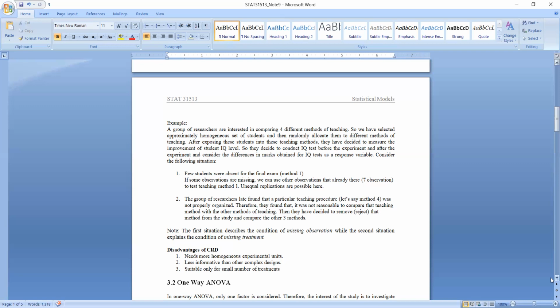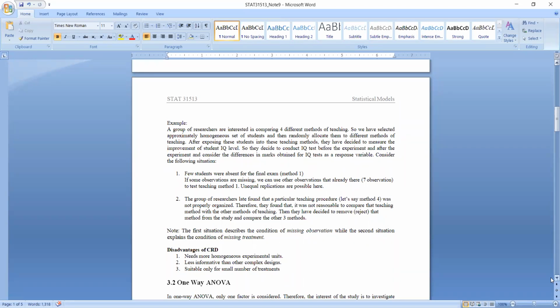But there are disadvantages of this completely randomized design as well. So as I mentioned earlier also, when you assign these treatments, now when you take this example, if you want to check whether there is a difference between these 4 teaching methods, when you are taking a set of students to assign these different teaching methods, the ideal case is all the students should have the equal IQ level at the beginning.